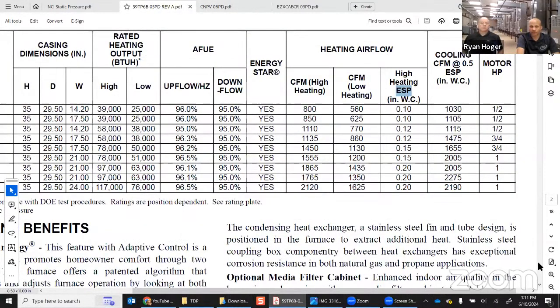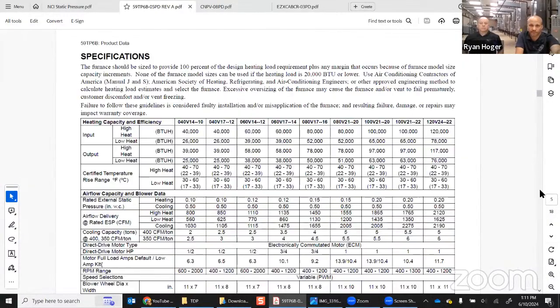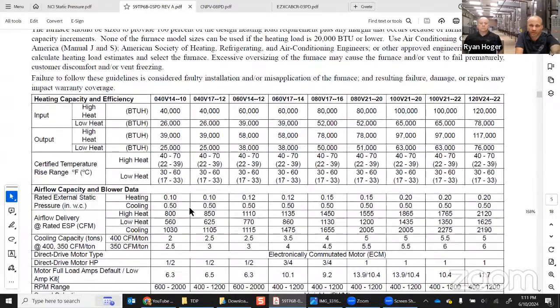So if we take that a little further and put all that together, you zoom back where I can read. This table here, and this is for all furnaces, this is not just this furnace. Every furnace from every manufacturer has this kind of data. If we stay consistent to what we had, which is this 60,000 BTU, 17-inch wide, 3.5 ton drive cabinet, rated external static pressure, that doesn't mean it's the only static pressure it can operate at, but that's where they tested at.